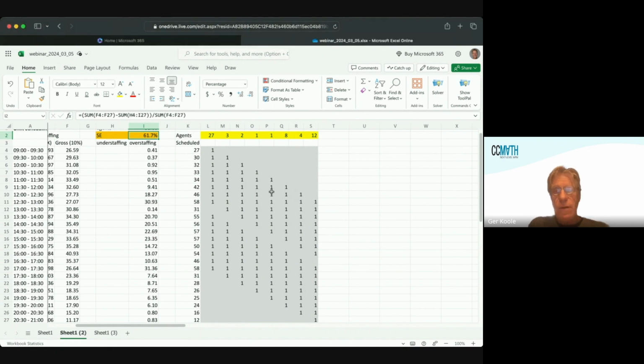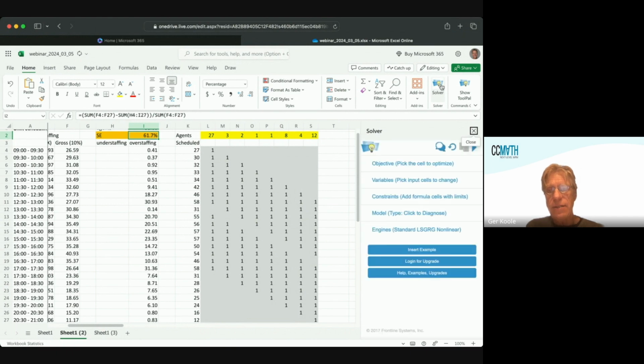And I'm going to use another add-in. I just used the Erlang add-in, which is also available here, but I'm going to use another add-in, the Solver. Of course, if you never used it, then you have to install it first. If you don't know how to, you can find instructions online. It should not be too difficult.